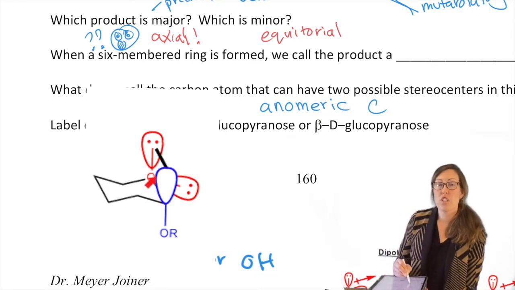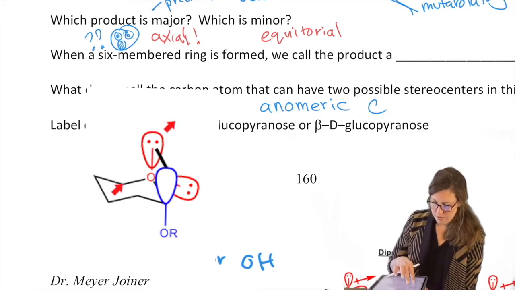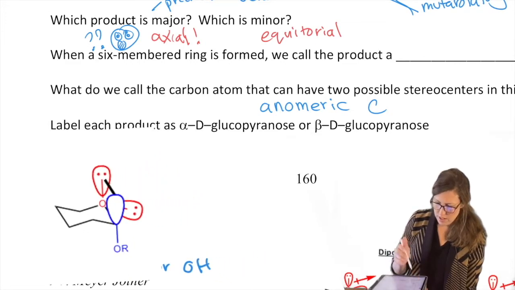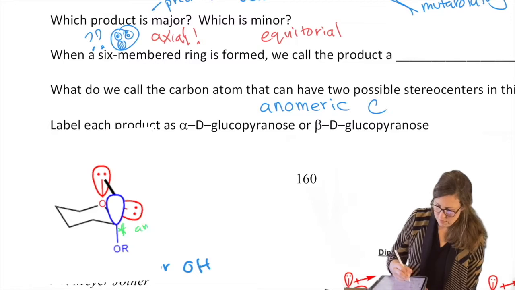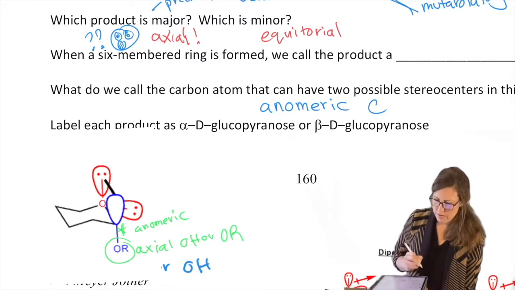Here's our oxygen that's in the ring. Here's our anomeric carbon. Here's our axial OH or OR.